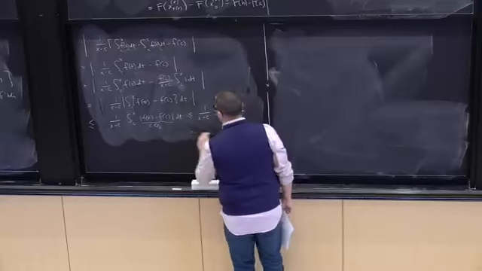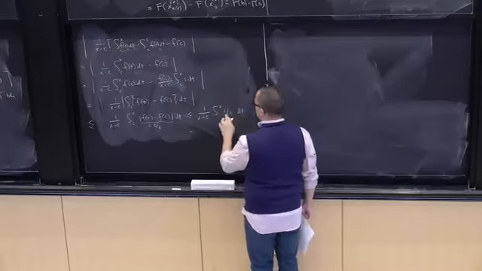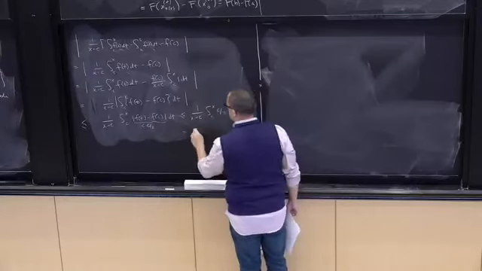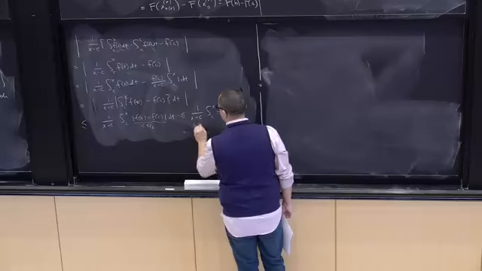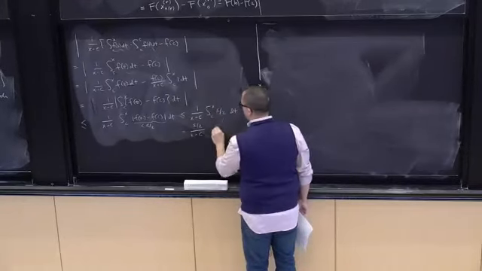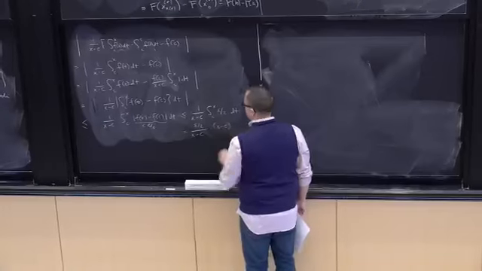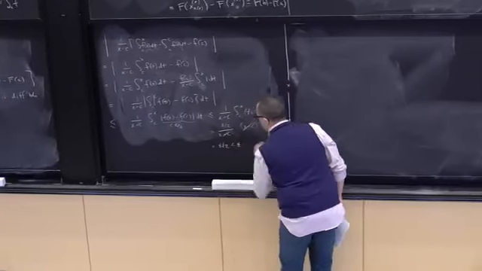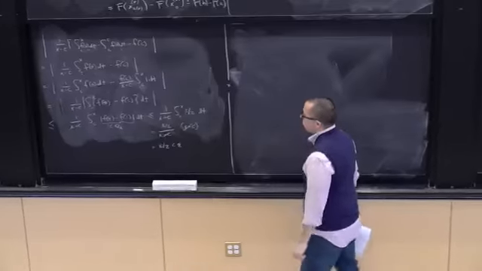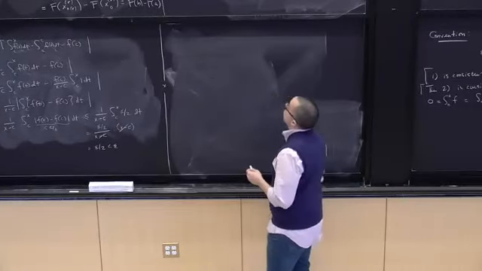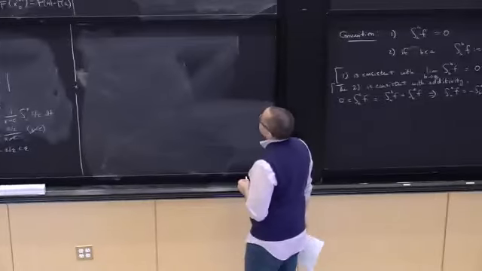And now this is a number, it comes out. So I get 1 over x minus c times the integral of 1, so x minus c. And that cancels, less than epsilon. Okay? And this was for x between c and c plus delta.